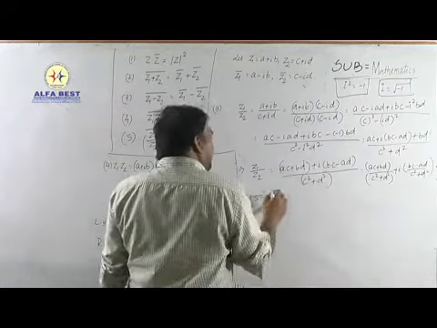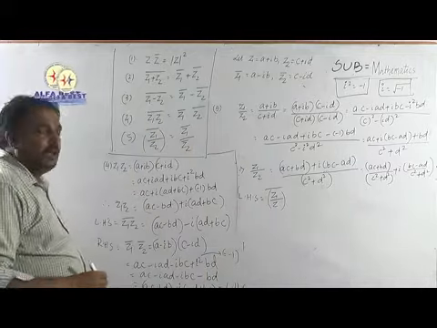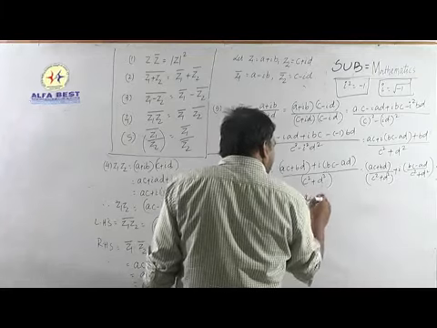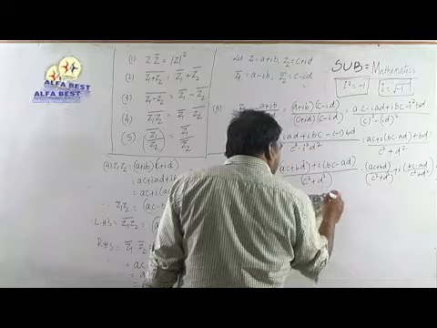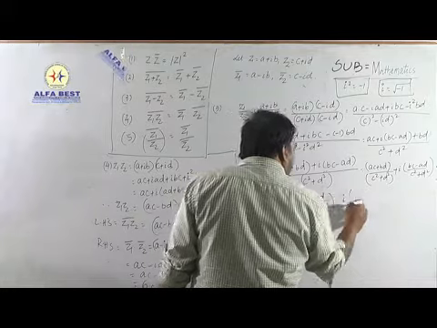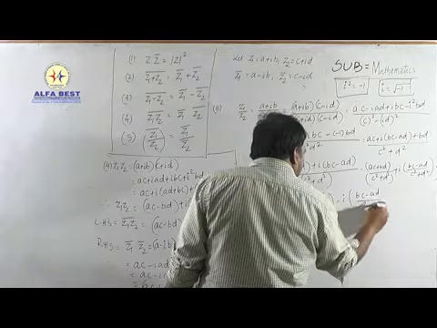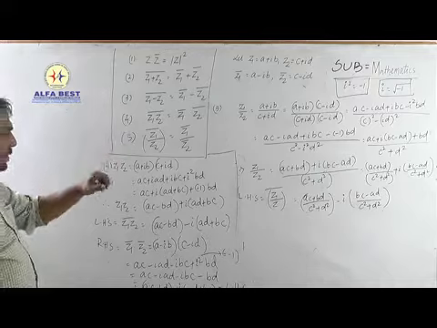So when I write its conjugate, Z1 by Z2 whole conjugate, this will be AC plus BD divided by C square plus D square minus I into BC minus AD by C square plus D square. This is your LHS. Now we'll go to RHS.